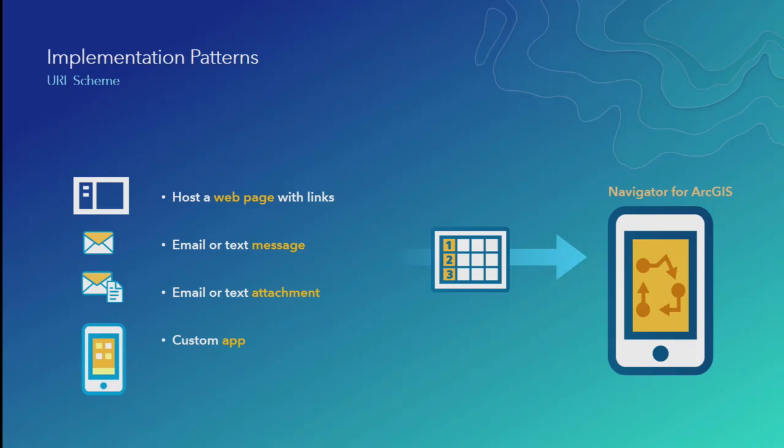At the beginning of each day, the inspector goes to that web page, they click on the link, and it pulls down the stops into Navigator, and they are ready to go. You can email them or text message them that link. Maybe you email or send them an attachment, and inside that PDF, for example, there might be a link. And then, of course, the custom app integration. If you have, say, a native runtime application or other, that's how you can integrate.